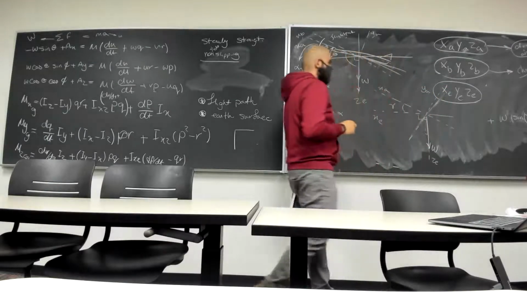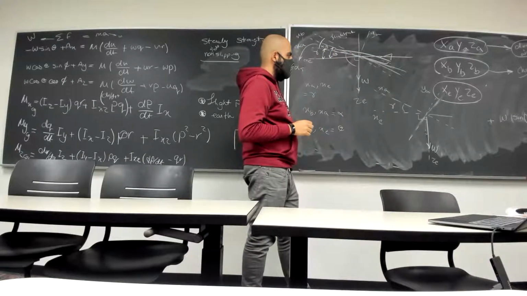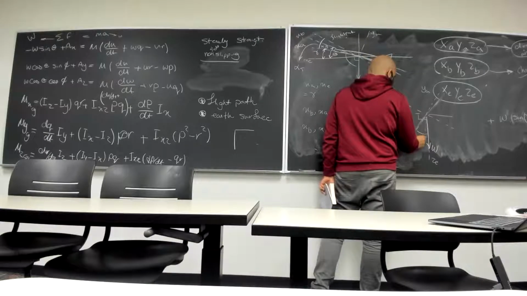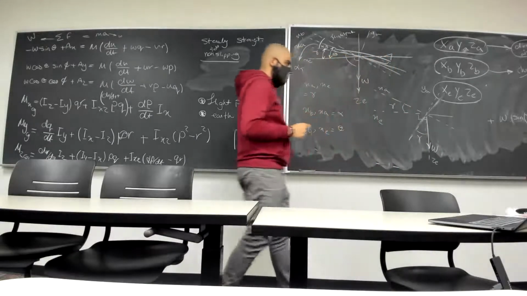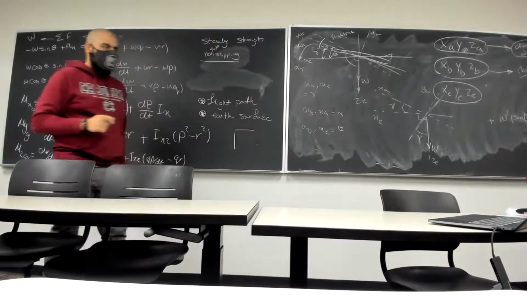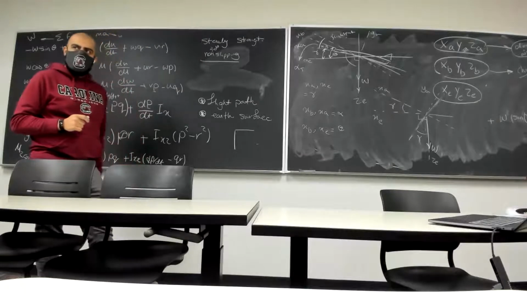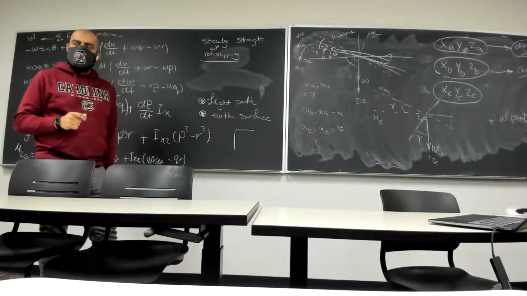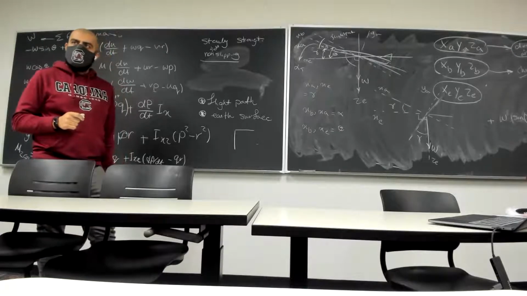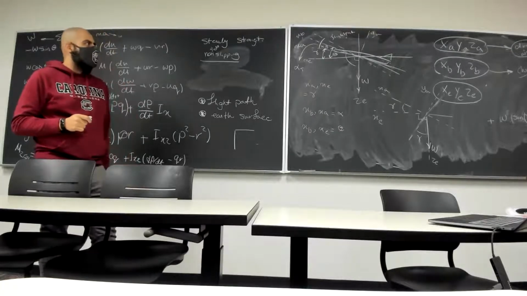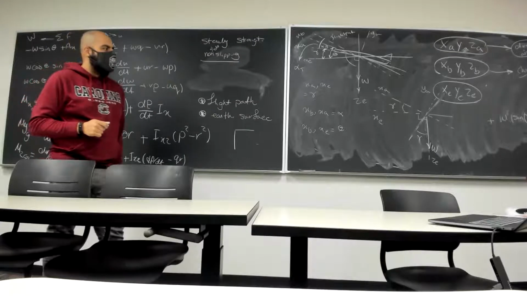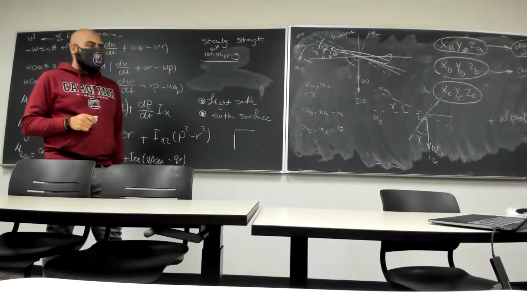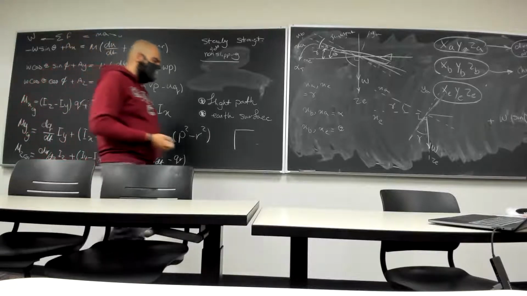So the angle between Y of A and W is the same angle as between XA and XE. That's correct. So I don't really know why we're adding pi over 2. Can't we just do it in terms of X? Yeah, you could take gamma and then do it off X.